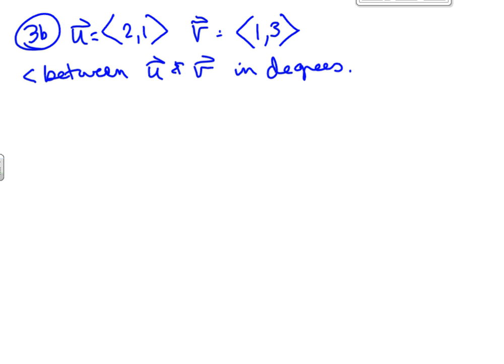So take a minute, that'll warm you up to practicing some vector things. Take a few minutes and just find the angle between u and v in degrees.